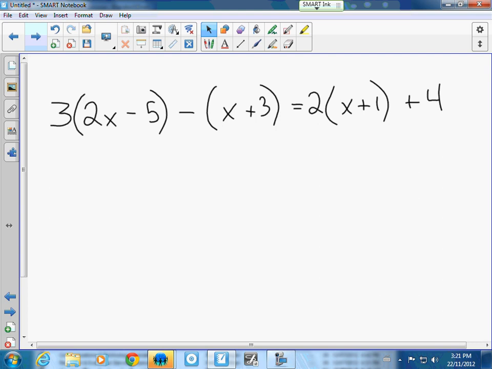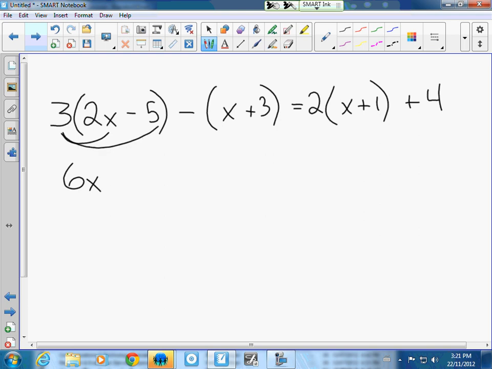Okay, so guys, just hang on. Let's try the first line here. As I was saying to Pascal, draw the lines in and do the calculation if that helps you keep organized. So what is 3 times 2x? 6x, right? Guys, watch up here on the board. Now we go 3 times -5. Negative what? 15.